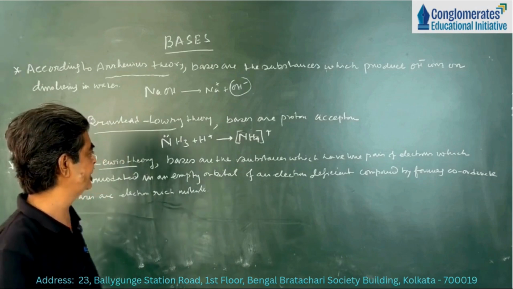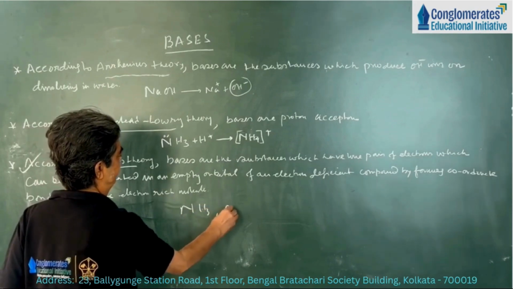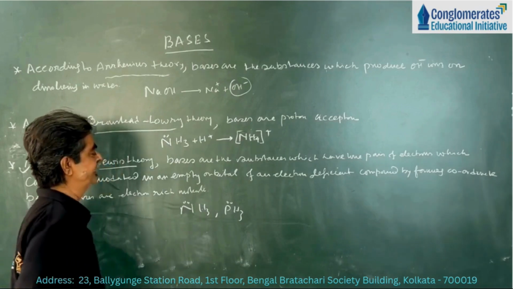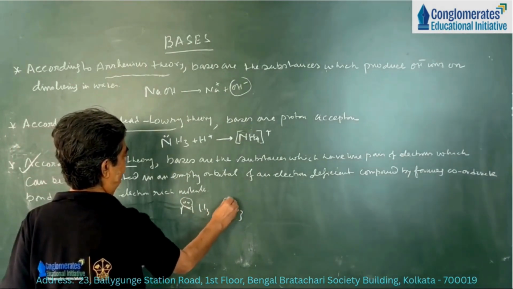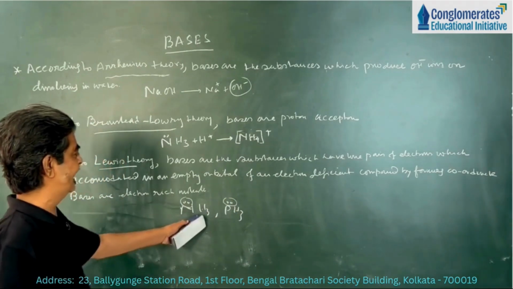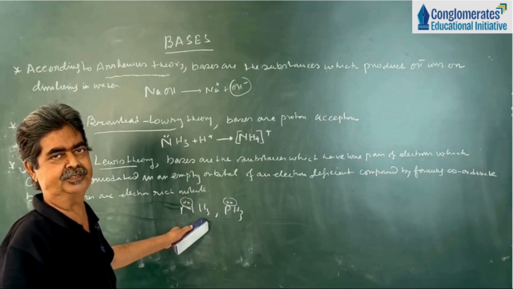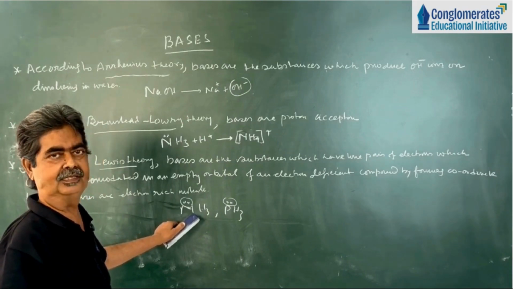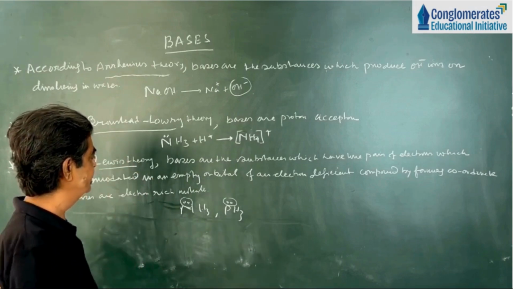Example, ammonia, phosphine. They are Lewis bases because they have a lone pair of electrons that can be accommodated in an empty orbital of an electron deficient molecule, with the help of a coordinate bond. That's why they are specifically called Lewis bases.